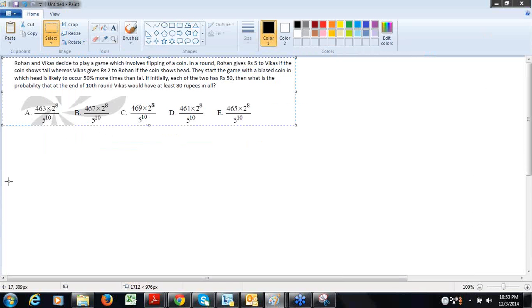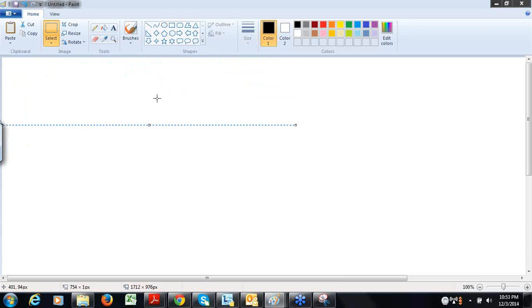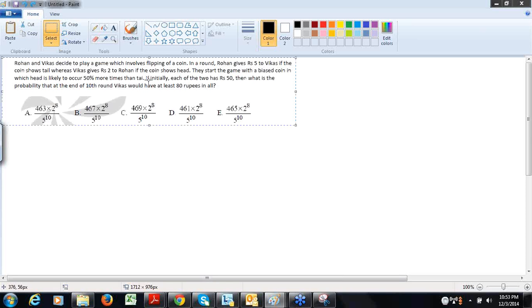They start the game with a biased coin in which head is likely to occur 50% more than the tail. If initially each of the two has 50 rupees, what is the probability that at the end of the 10th round Vikas would have at least 80 rupees in all? Okay. So first, what will be the probability of head?